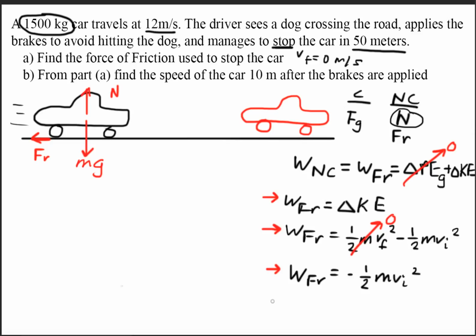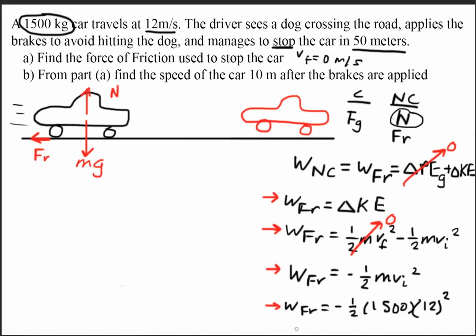And if we go ahead and solve this, we have the work done by friction is equal to negative 1/2 times 1,500 kilograms times 12 meters per second squared.